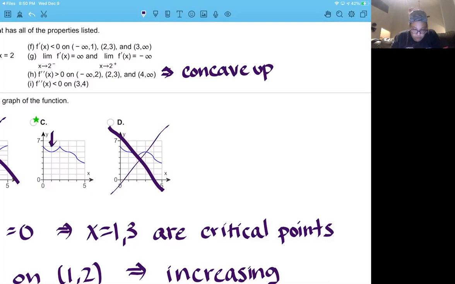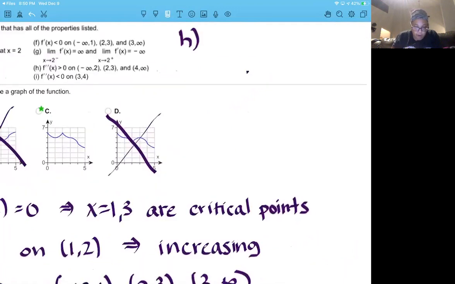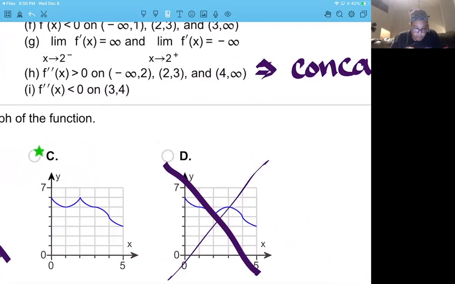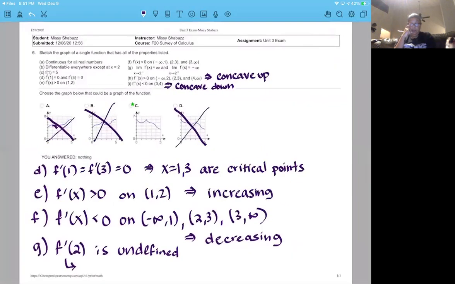From 2 to 3, yeah, concave up. 4 to infinity. So really only in this section right there is it concave down. And that's probably what I tells us. The second derivative is negative from 3 to 4. And yes, so that means from 3 to 4, it is concave down. And that is it for that question.